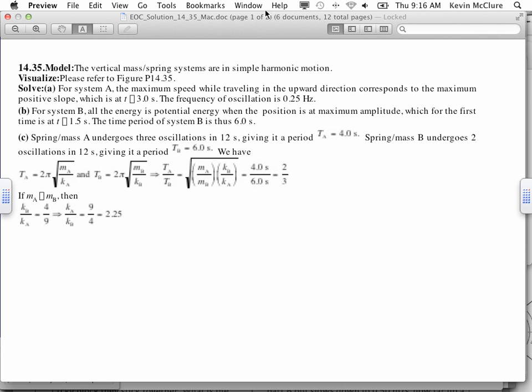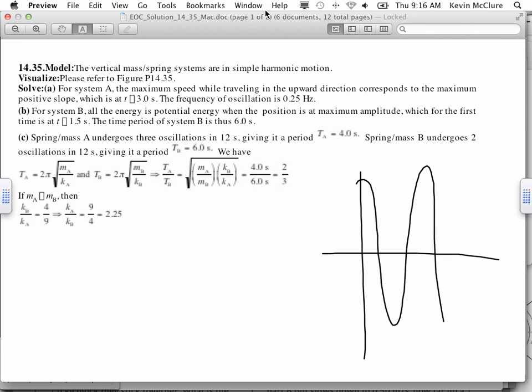So 35, the graph looks like 2 graphs up here. There's something that looks like cosine, and something that looks like sine underneath it. And they give you specifics, and they ask you to find a couple things.